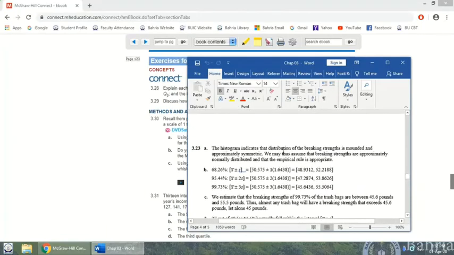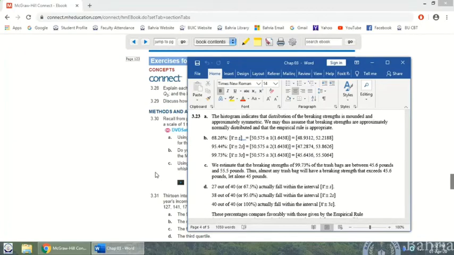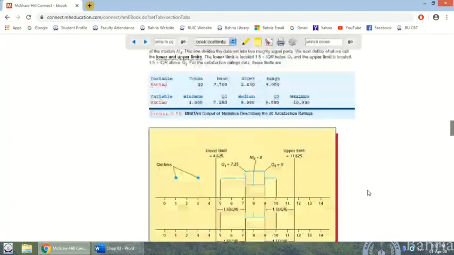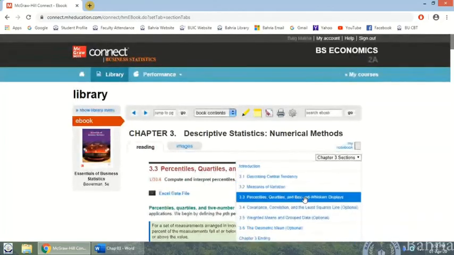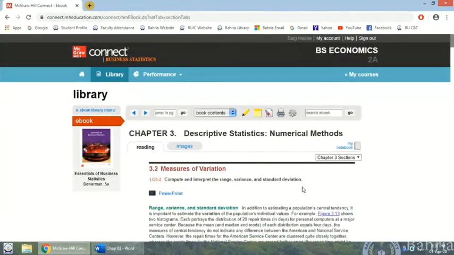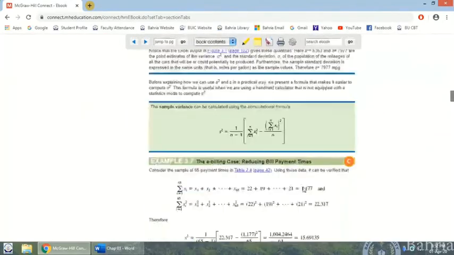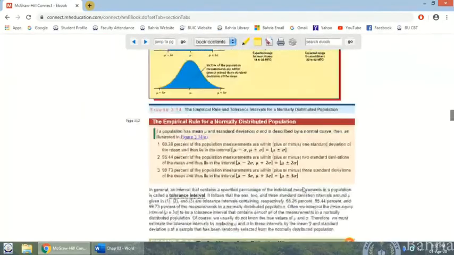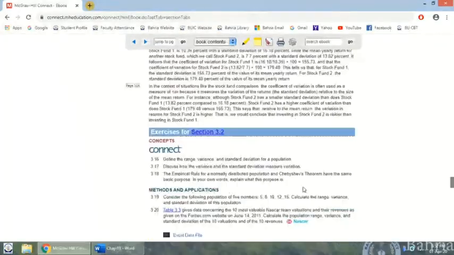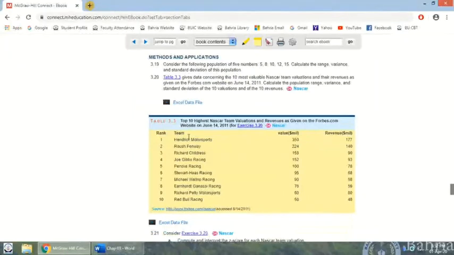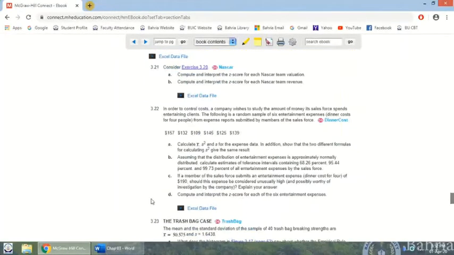Okay, just consider this example 3.23. This question is in the previous section. Let me go back to the previous section. So here we have 3.19, 3.2, A, B, C, D. Okay, it's just a matter of interpretation.